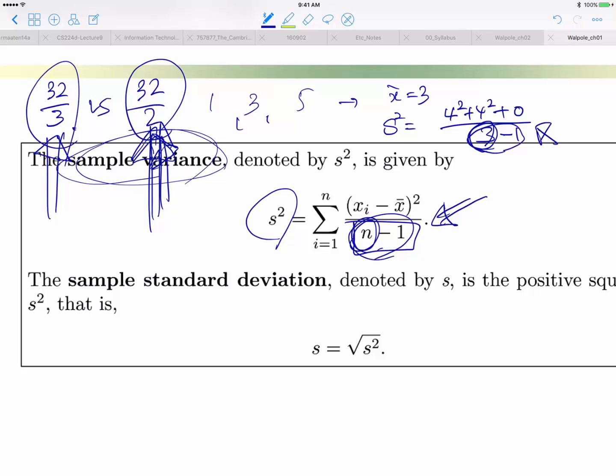So this is doing something in estimating the sample variance. If we were to replace this part with the true mean, then to correctly estimate the variance we would divide by n. But since we are using this sample mean, which is not exact, we have to use n minus 1.